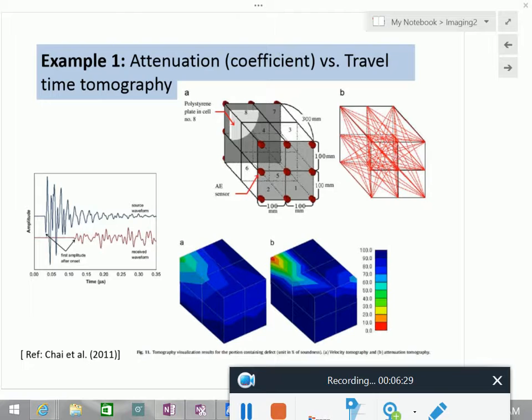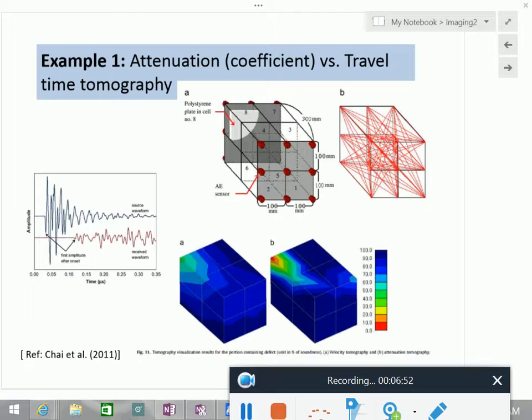So because of all of that, attenuation is more sensitive than velocity. People stick to velocity because it is free from a lot of these effects, except for nonlinearity that we have talked about. So this is a recap of where we basically stopped last time.